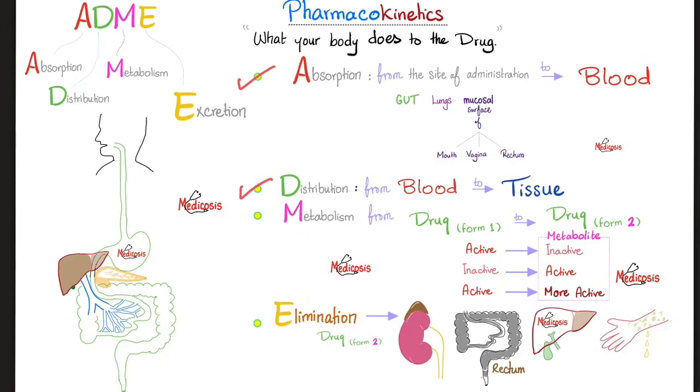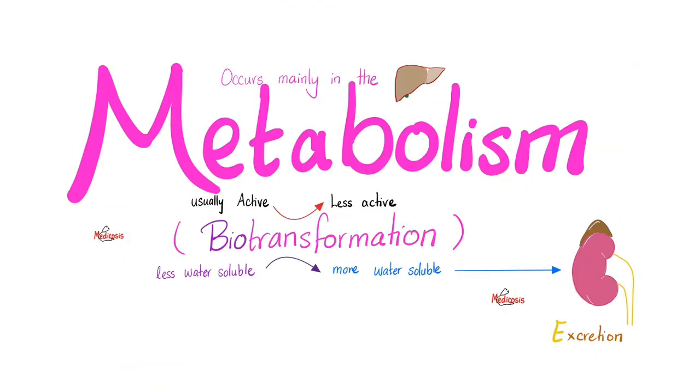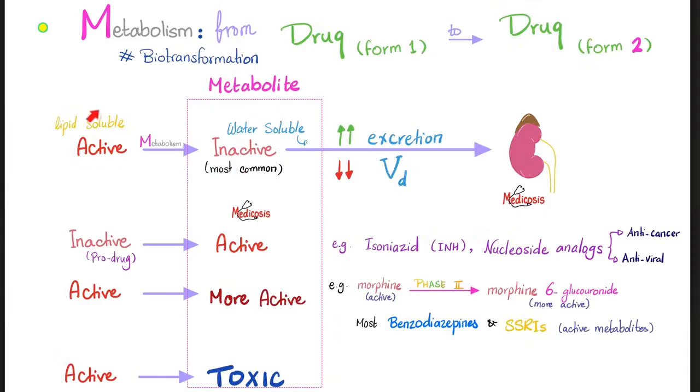Here's a quick note on metabolism. Metabolism, also known as biotransformation, is a biological transformation. I'm changing from one phase to another. This something to another could be active drug to inactive drug, or less active drug. Inactive to active? Oh, this is a prodrug. A prodrug is a drug that you give in an inactive form, and then later your body will activate it.